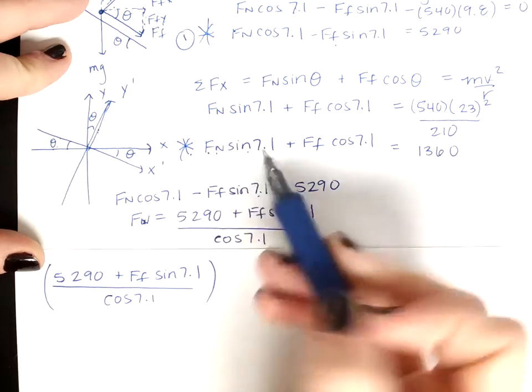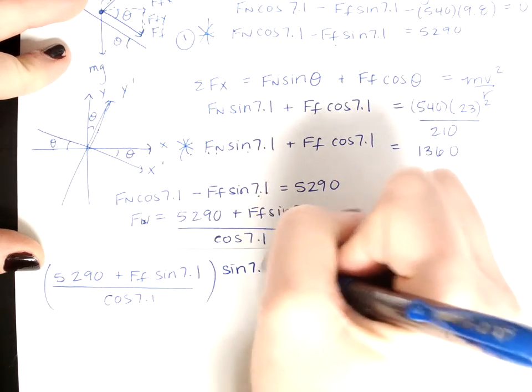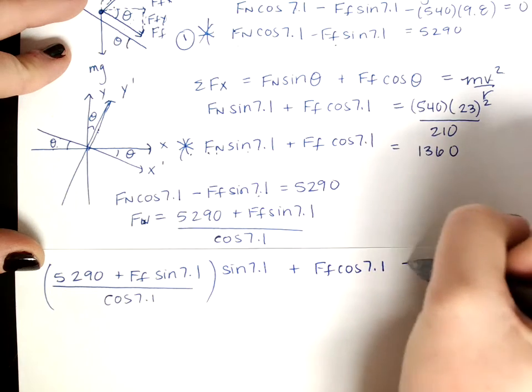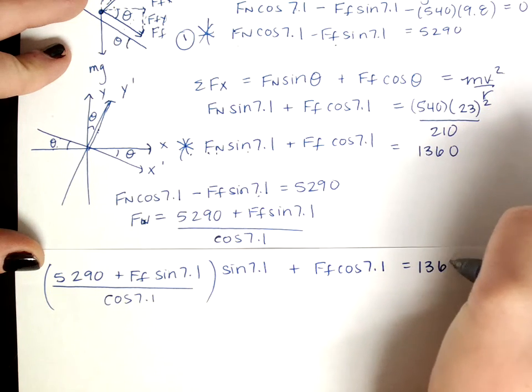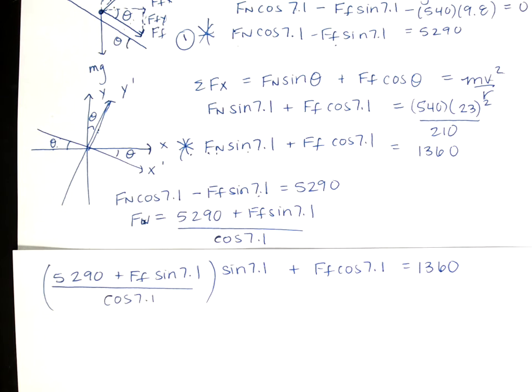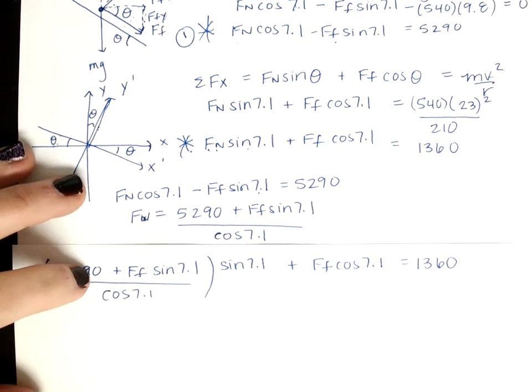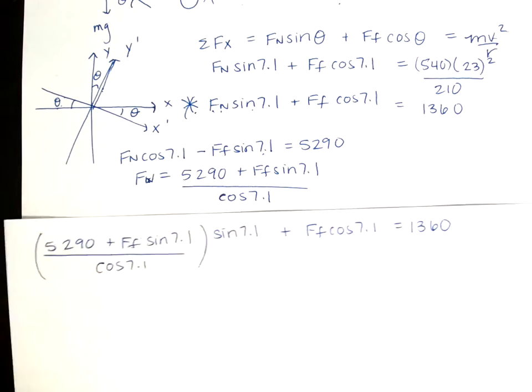Normal force is being multiplied by sine 7.1 plus force of friction cosine 7.1 equals 1,360. Okay, so now you have one equation, one unknown. Your force of friction is unknown. That's what we care about. So let's go ahead and solve for it, one step at a time.